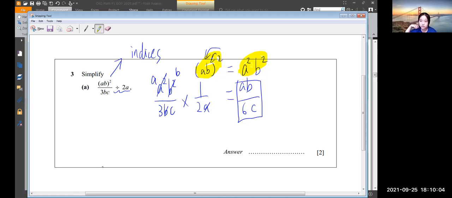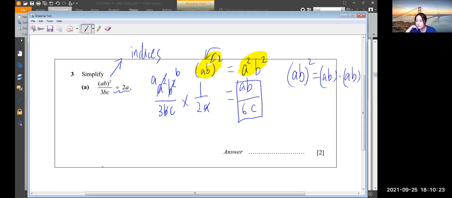Like I say, there are many ways to solve one question. Based on your existing knowledge, if you don't use the indices law, what you could have done is, you have ab squared, so you could have written ab times ab.